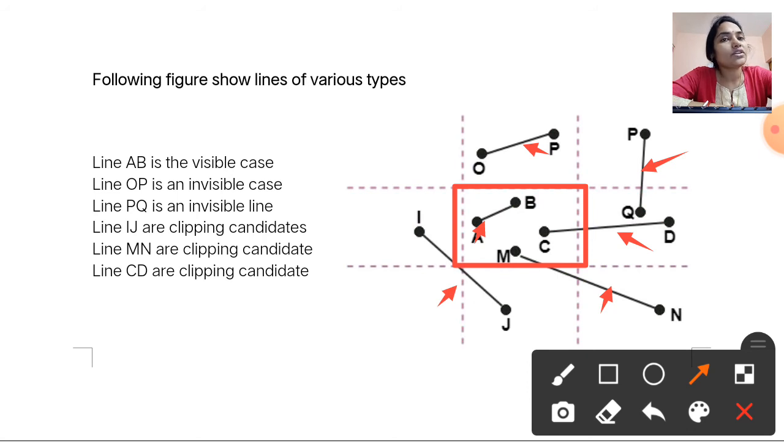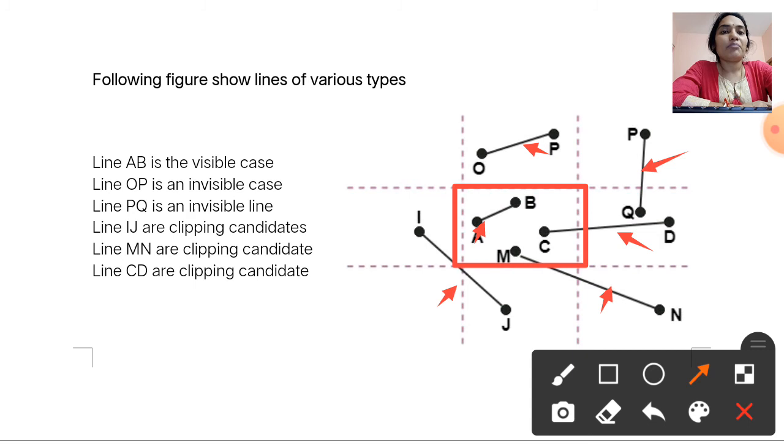AB is a visible case, this one is inside the window, so it is a visible case. OP is outside the window, so it is an invisible case. PQ is also outside the window, it is also an invisible case. IJ only touches the corner of the window, so only one point is clipped, so this line is a clipping case.